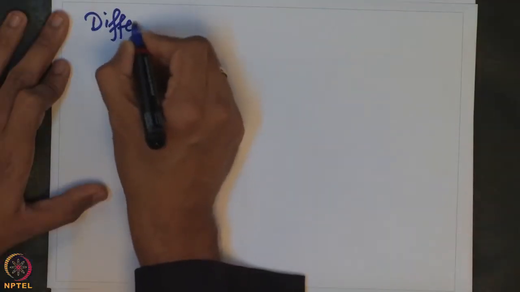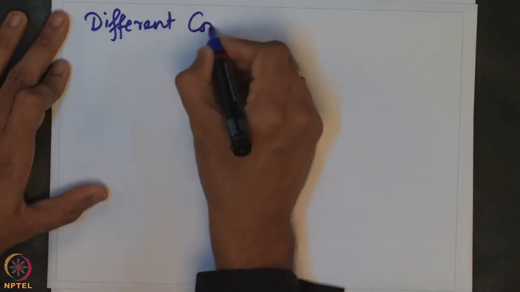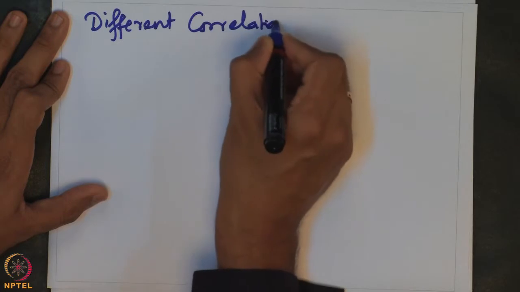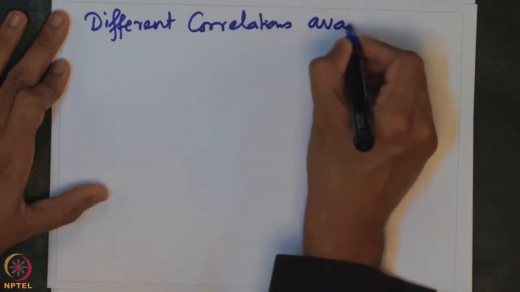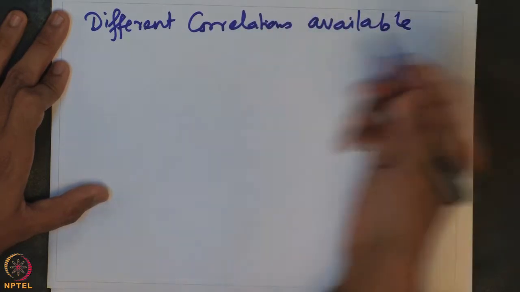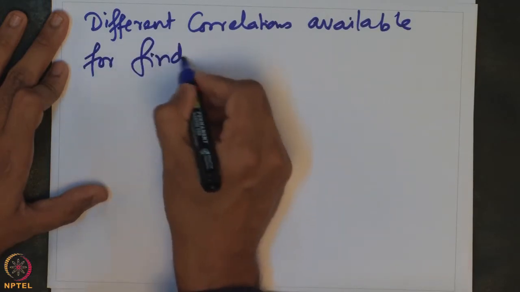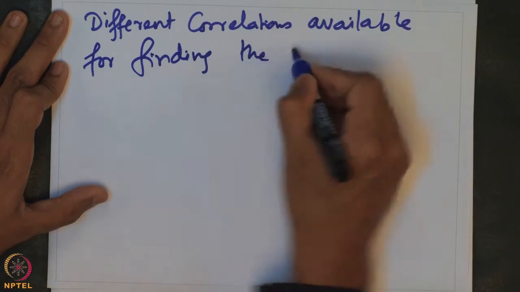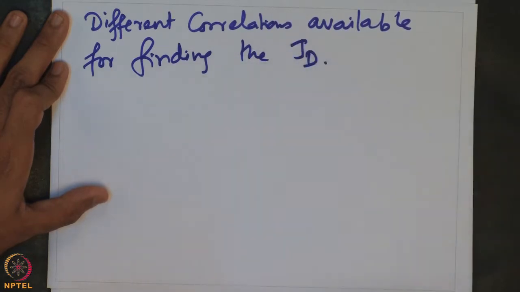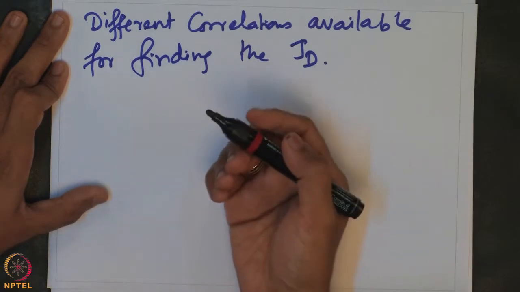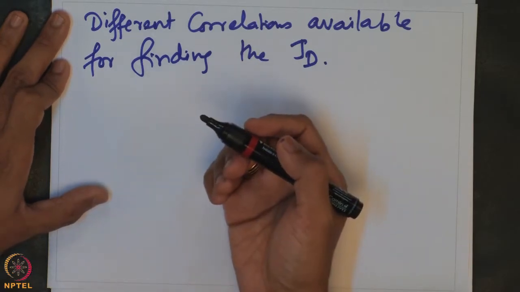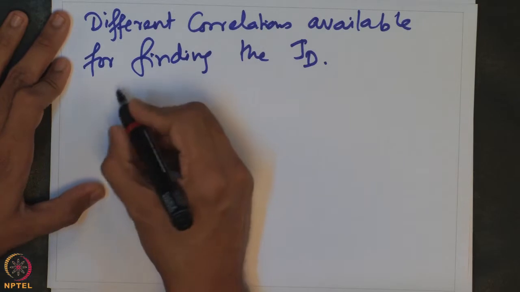So, different correlations available for finding the Colburn factor. There is a generalized correlation which is applicable for both gases and liquids under a different range of Reynolds number.